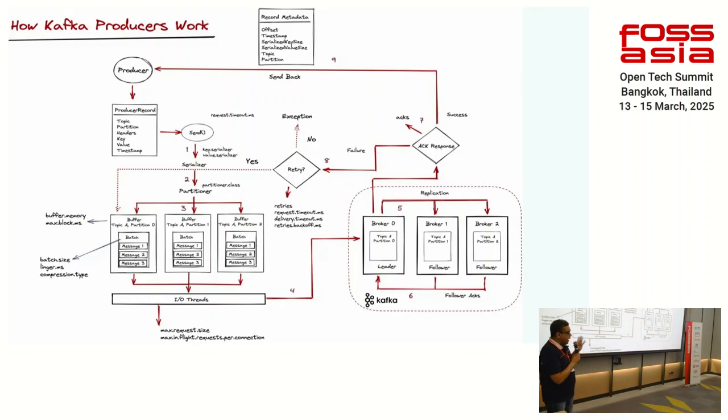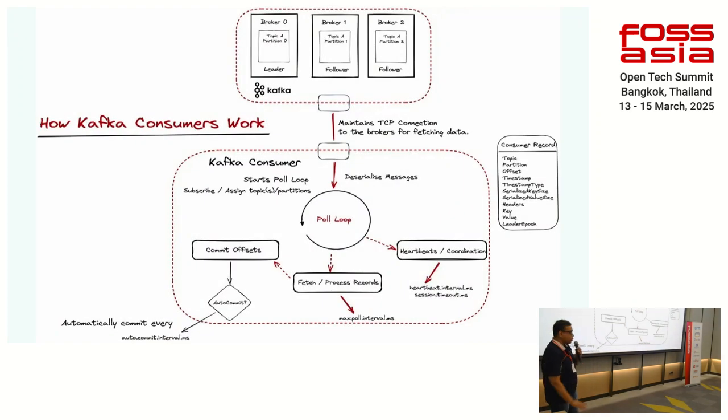So we have brokers or servers, which are nodes where this streaming data is stored within a topic, within a partition. There are producers, which send data into these nodes, and then there are consumers, which take data out of these nodes by running a forever-running polling loop. So it just keeps on running.